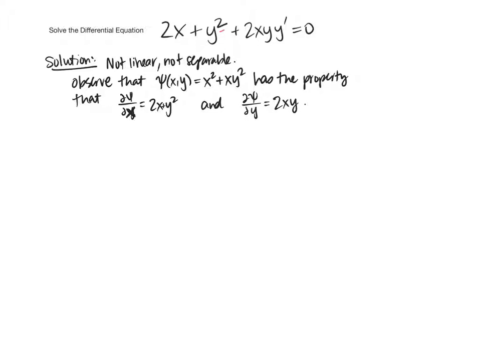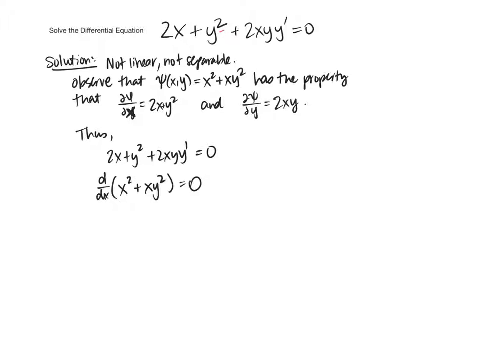We talked about this a little bit previously. Thus, this 2x plus y squared plus 2xy y prime equals 0 is the same thing as the derivative with respect to x of this function, x squared plus xy squared, equals 0.